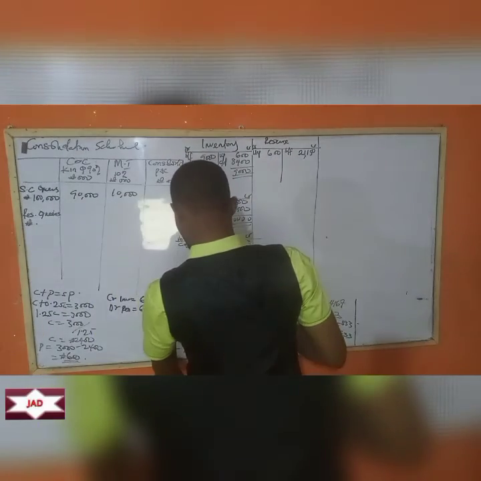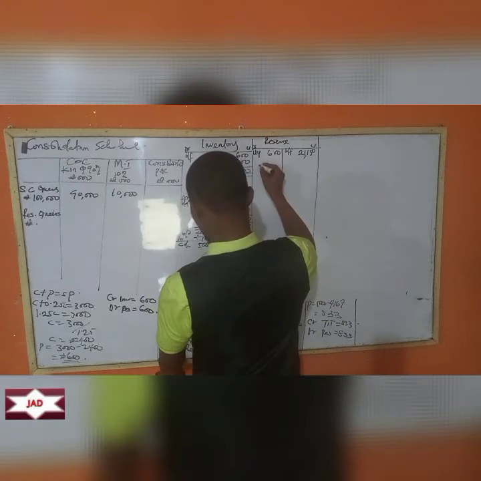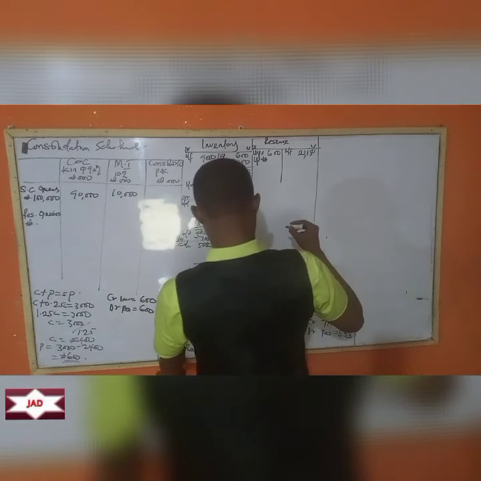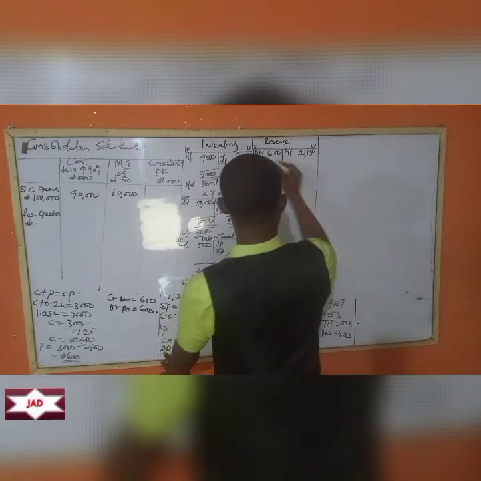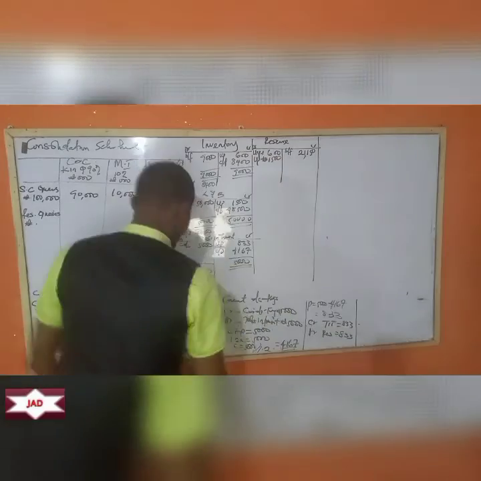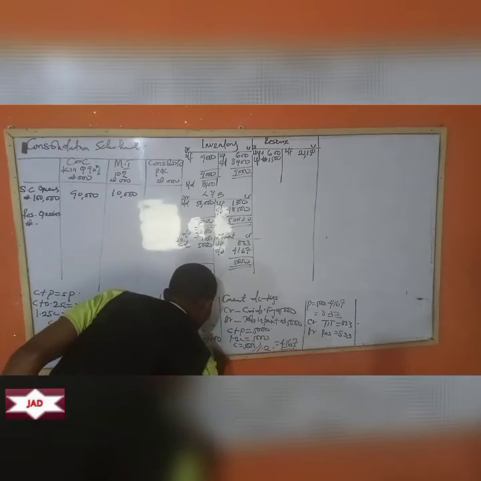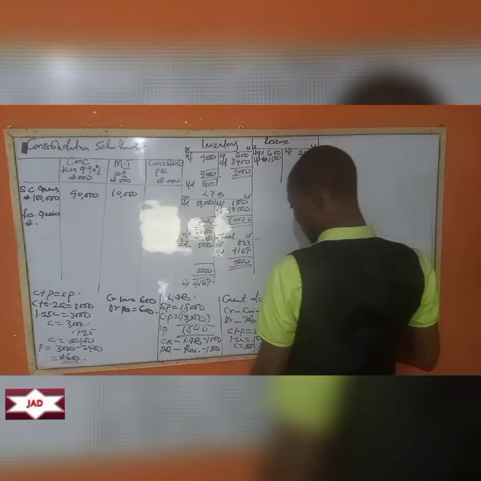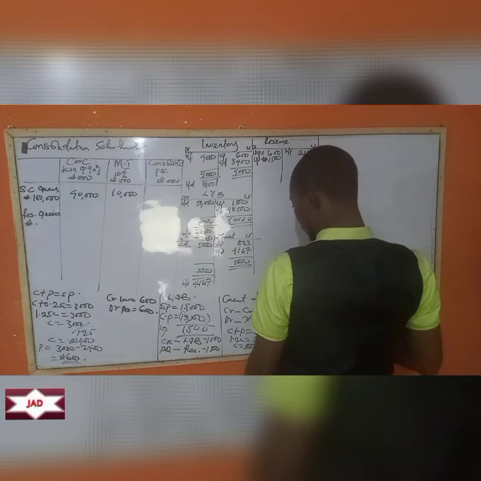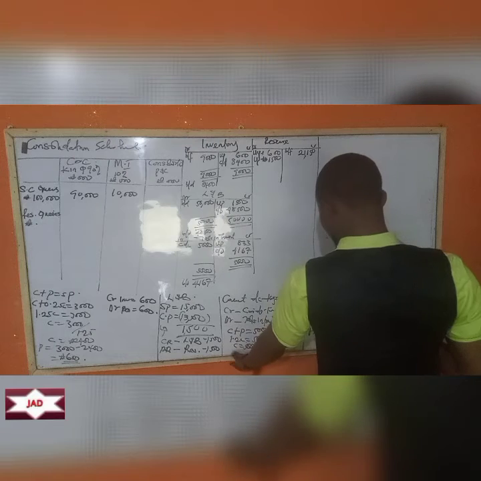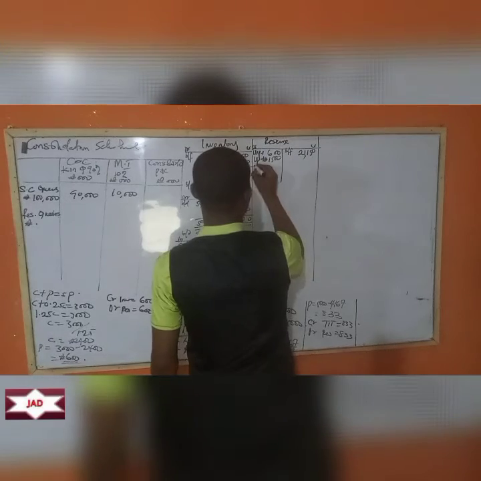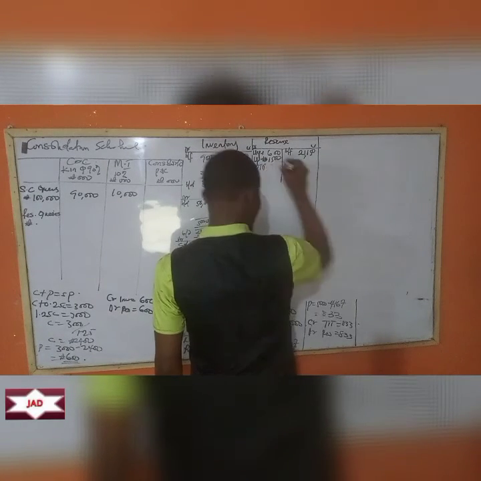This is for land and building, 1,500. What's the next one? Unrealized profit on tools in transit, 833.